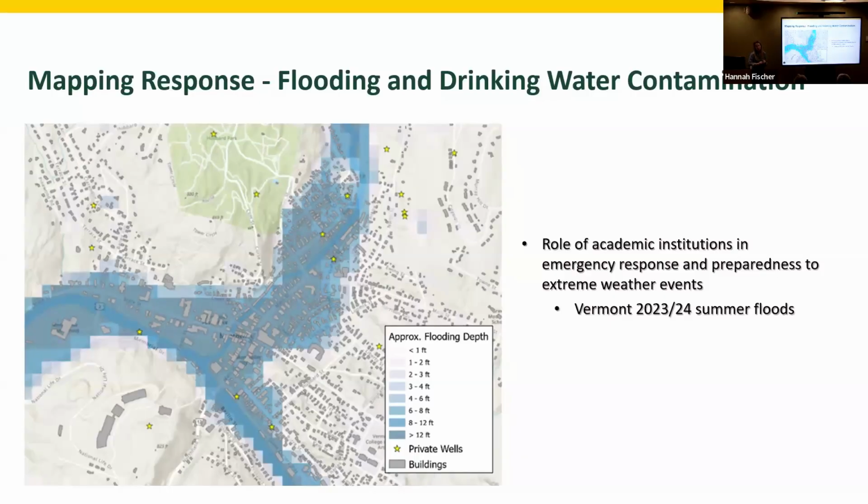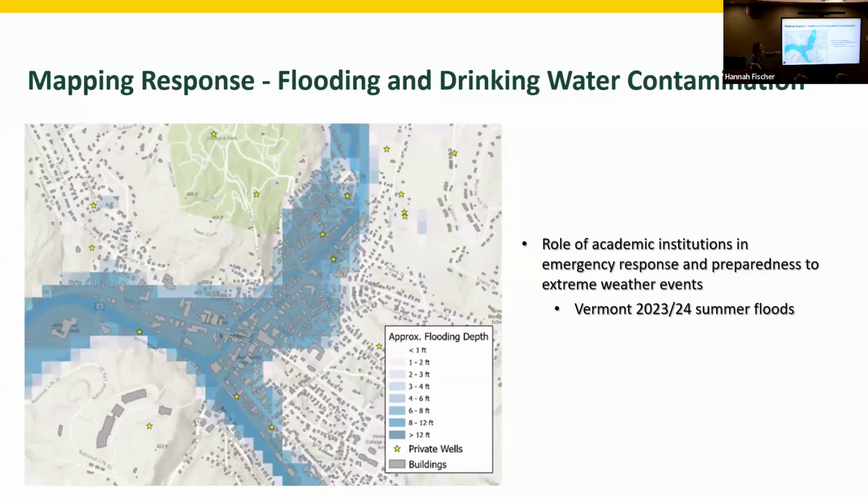So then I mentioned we also had this mapping response. I worked with the Vermont Department of Health and some recent graduates in our lab looking at flooding and drinking water contamination. Within 2 days of the flooding event, we were able to get satellite imagery pre and post flooding.